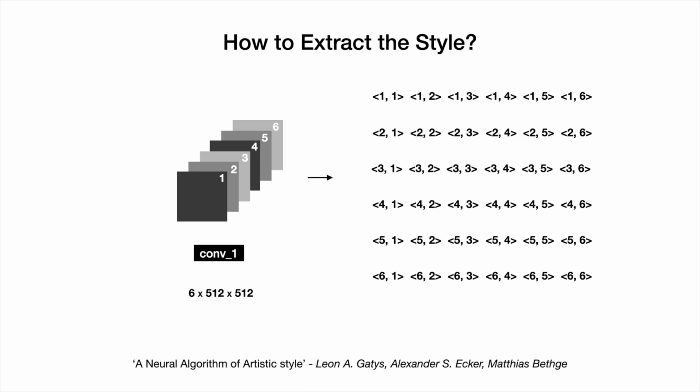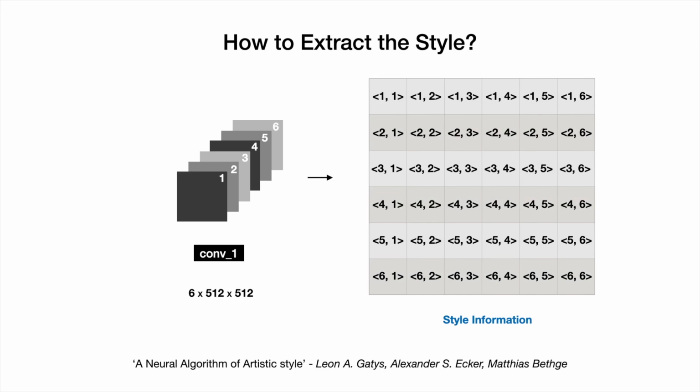After that, we put these 36 correlations into a 6 by 6 matrix. And this matrix is what we use to represent the style of the input image. So this is how we get the style of an image.